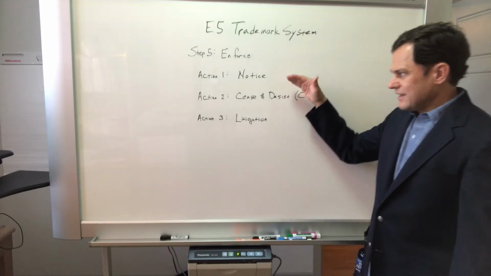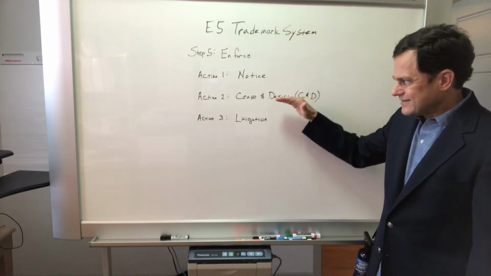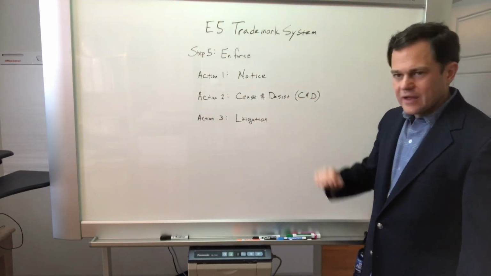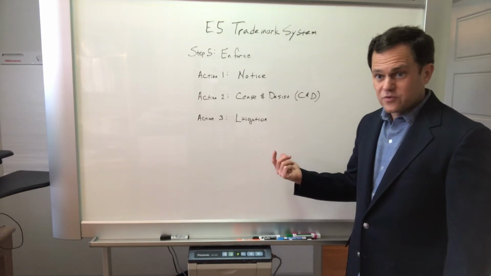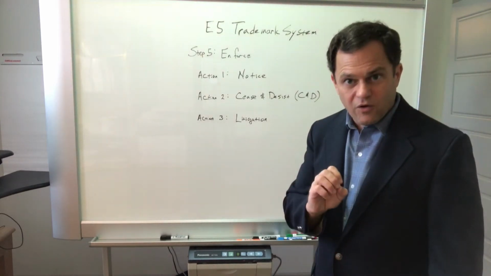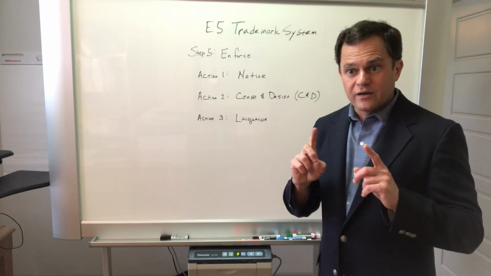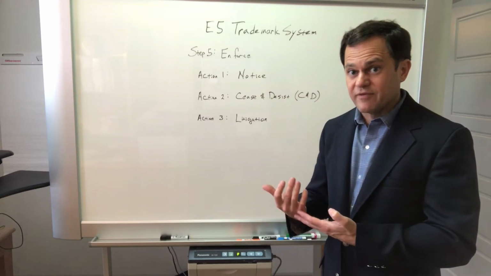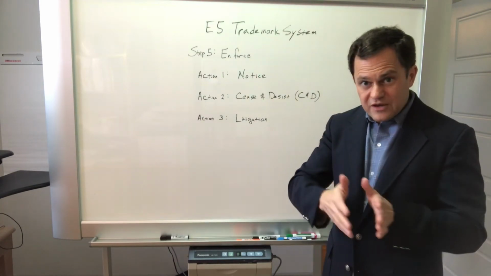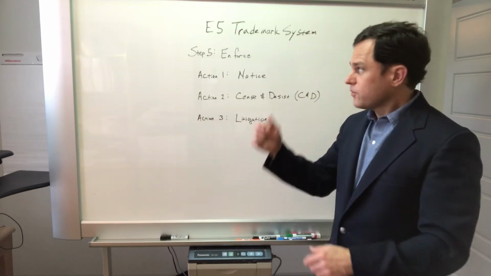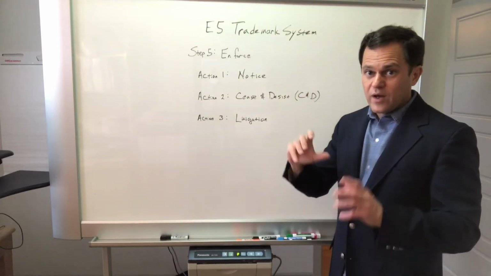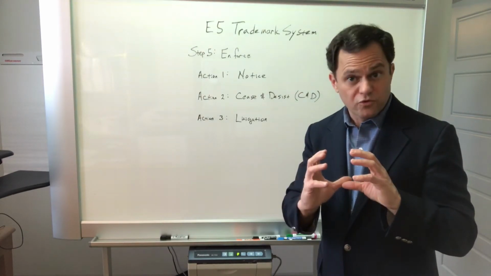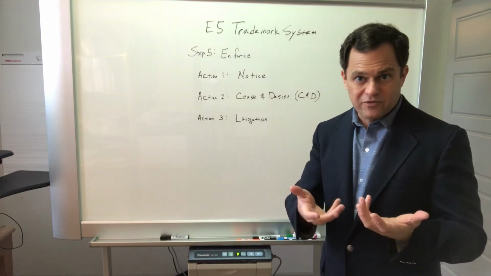Usually what you'll see is this action sequence of first notice, second a cease and desist letter, and third, and only as a last resort, litigation. And also I'll add this as well. On websites that have specific branding programs like Amazon and Shopify and eBay, there are procedural requirements both within the court system as well as within these specific commercial systems, let's call them, like Amazon.